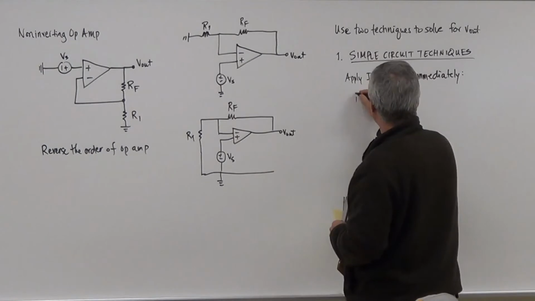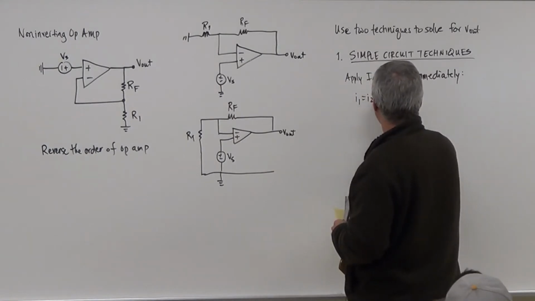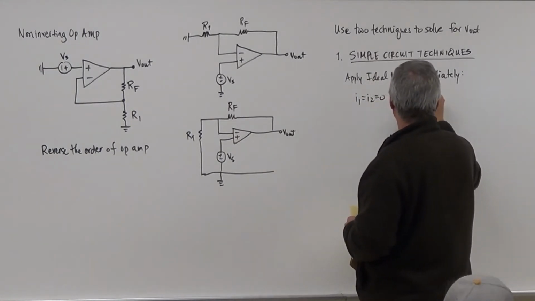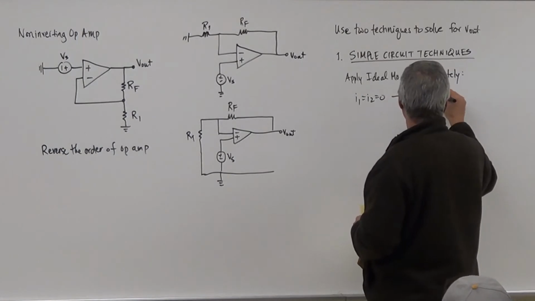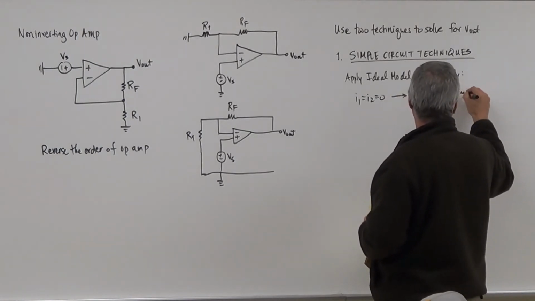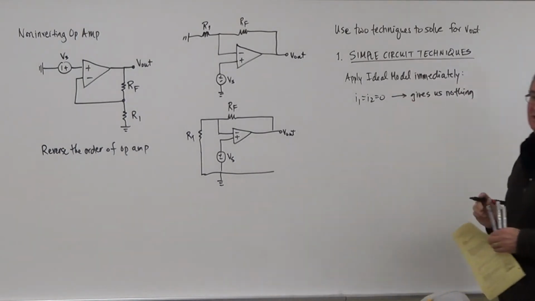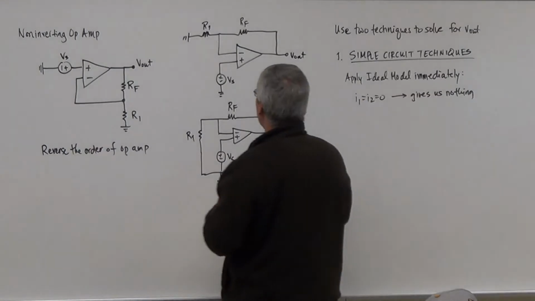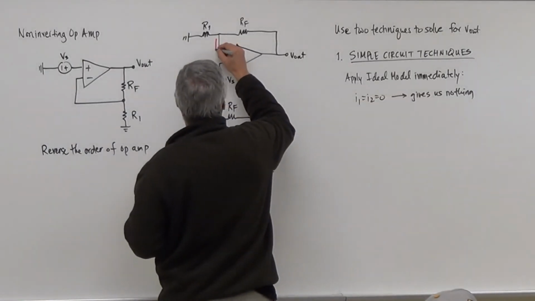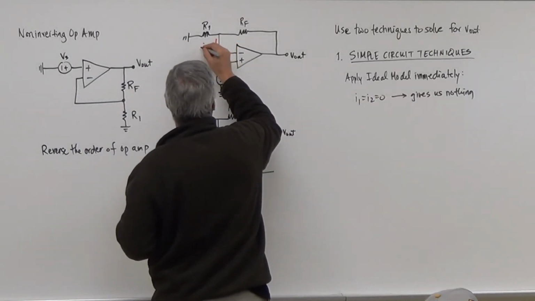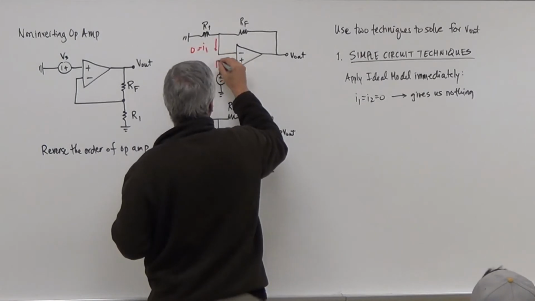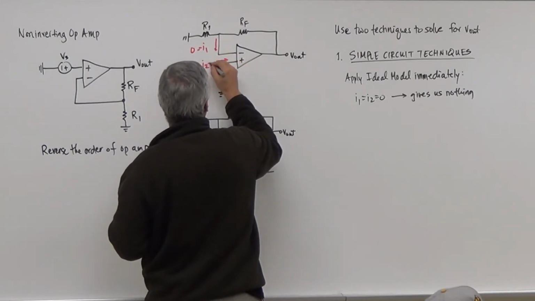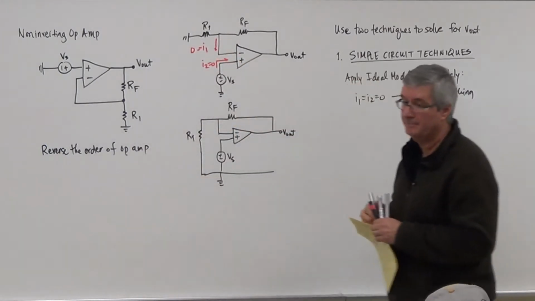What you see here is that I1 equals I2 equals 0 gives us nothing. It doesn't give us anything. If I draw that again, this current is I1, and that's equal to 0. This current here is I2, and that's equal to 0.